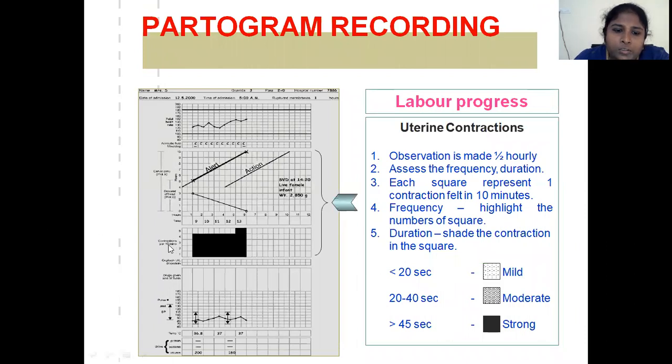Uterine contractions. One square is half an hour. If the contractions last less than 20 seconds, it is plotted like this. If 20 to 40 seconds, slightly dark. If more than 40 seconds, strong contractions, it is plotted shaded as black.